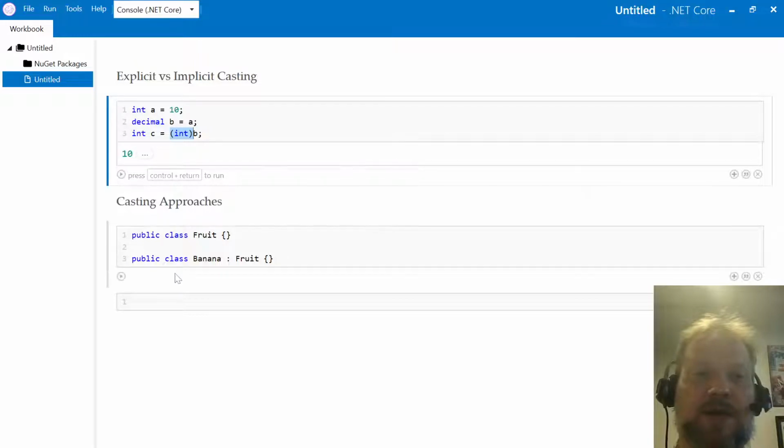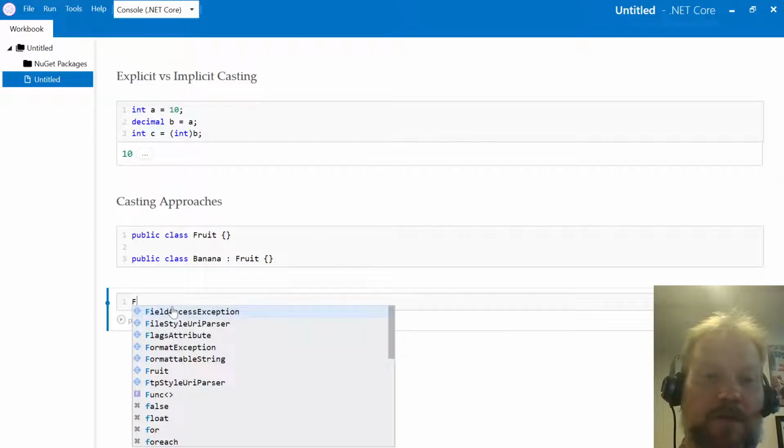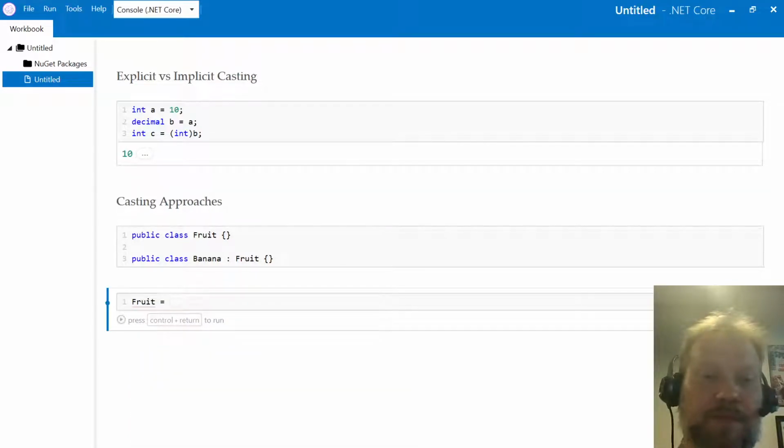Now let's talk about the two casting approaches that were actually asked about in question 9. The question was, what's the difference between the is keyword or casting parenthetically? So here, let's say we're going to create a variable of type fruit, and we're going to set a new banana in it.